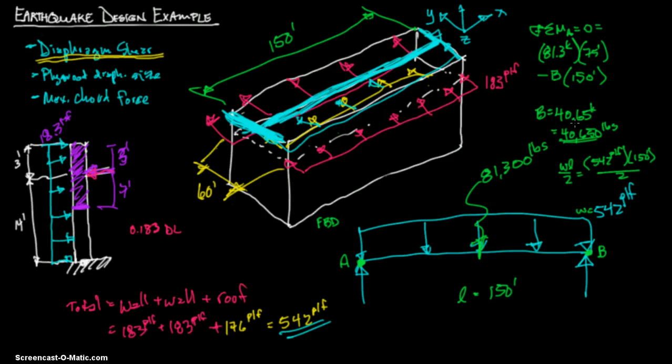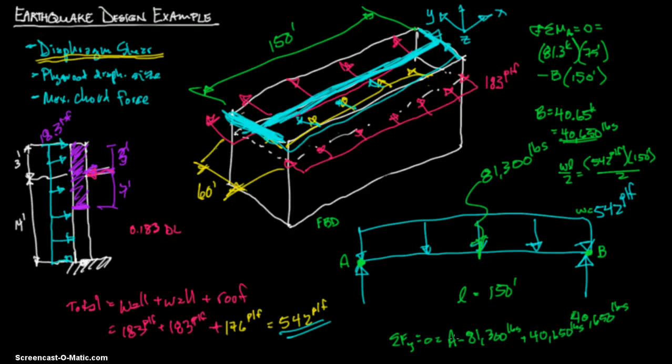And then since you got this right here, you have the reaction at B is 4,650 pounds. You could do the sum of the forces in the y direction equals 0. You could say, okay, I have a positive A, since we assumed it's up, I have a negative 81,300 pounds, and I have a positive 4,650 pounds.